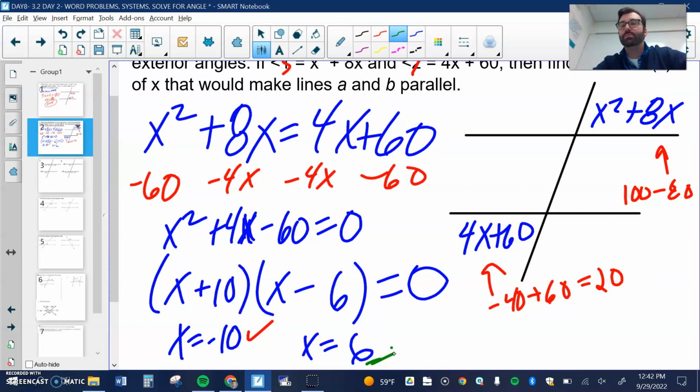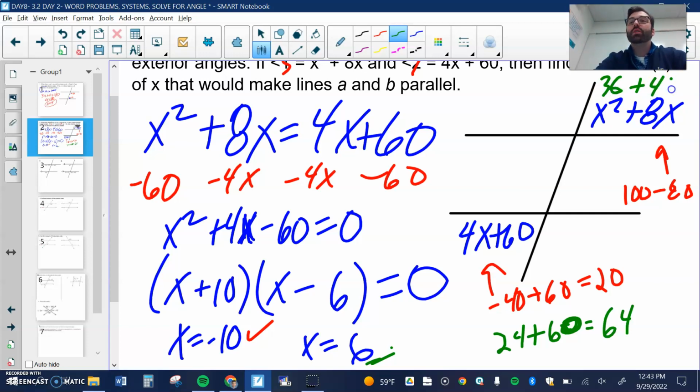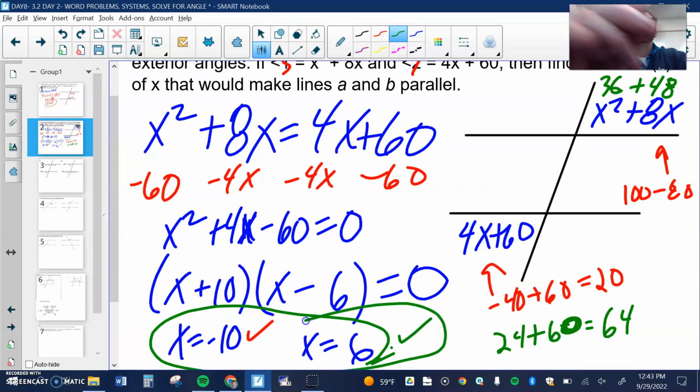Remember, we're plugging 6 into both x values. 4 times 6 is 24 plus 60 equals 84. 6 squared is 36 plus 48, that's also 84. So that checks out too. So both values actually work in this case.